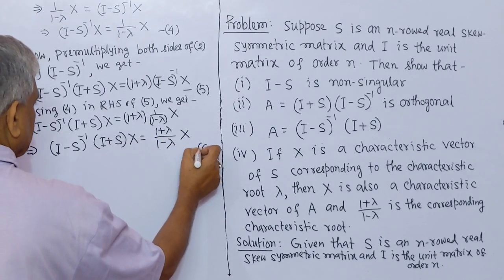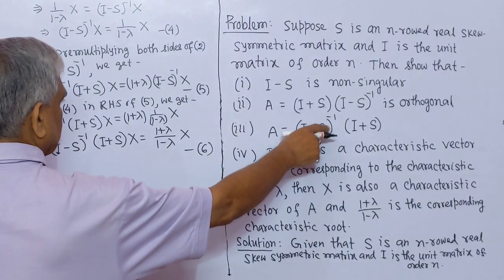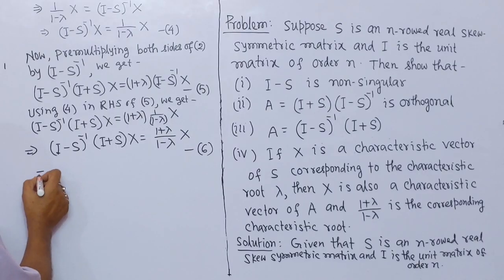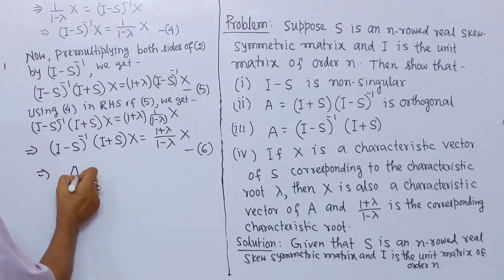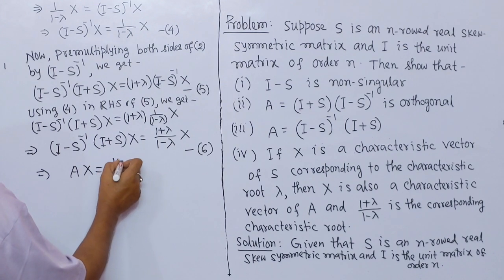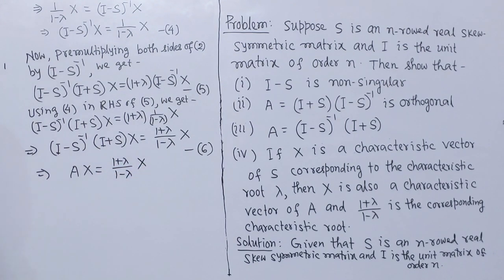This is number 6. Since A is (I minus S) whole inverse multiplied by (I plus S), we may write this as Ax equals (1 plus lambda) by (1 minus lambda) x.